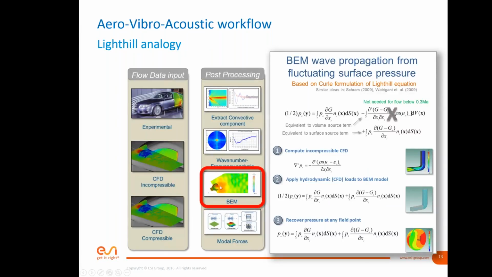And with boundary elements, we can use the fluctuating surface pressure to create aerodynamic sources. As surface sources, we keep the surface term of this equation, this equation being the aeroacoustic analogy proposed by Schram and Vautrin some years ago.